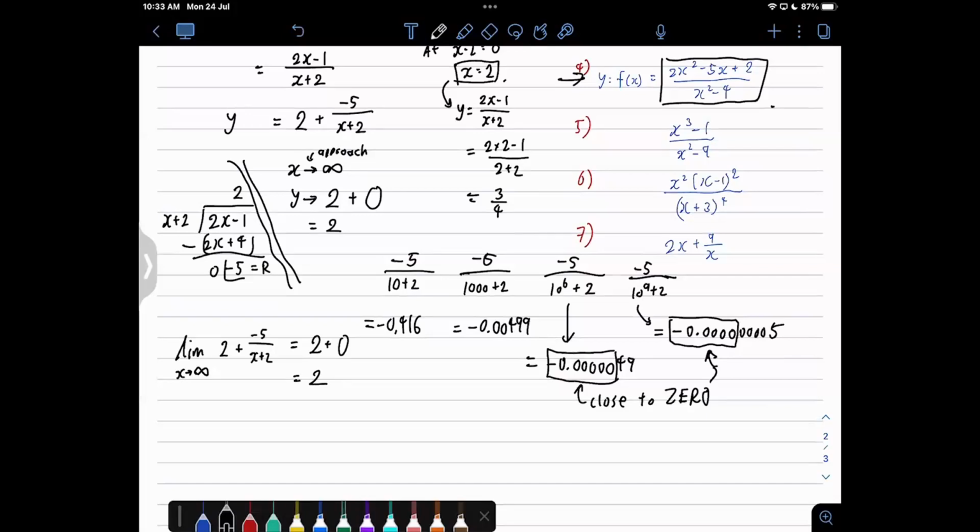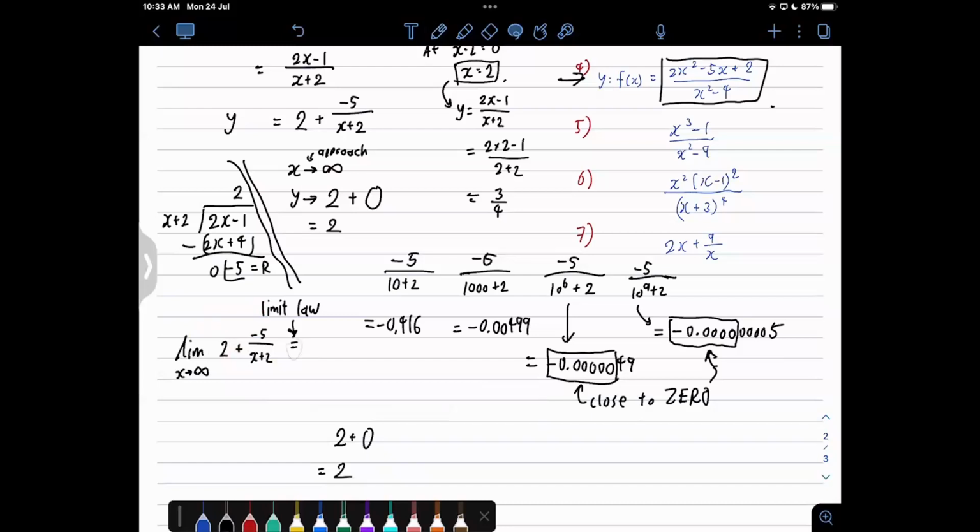Okay, this is using limit law. The limit of a sum is the sum of the limits. When you take the limit of two things added together, you can take the limit of the first guy plus the limit of the second guy. 2 is not affected by a limit. Maybe I show the working.